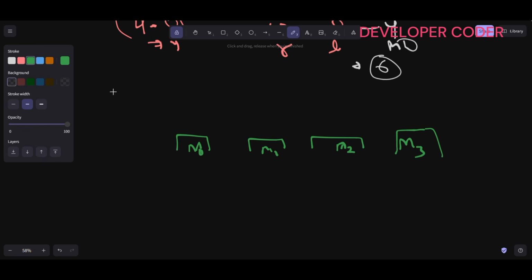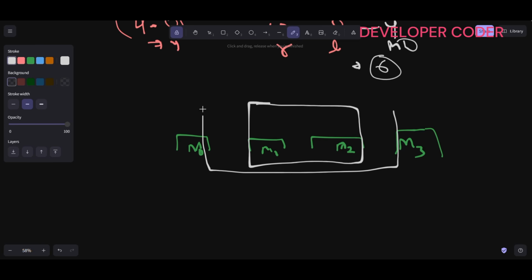Let me show you a simple way. For these two meetings you need to check. These are the ones that you are going to shift, so until here you need to check. You have to consider these gaps also, let's say g0, g1 and g2. These are the gaps that you need to consider.